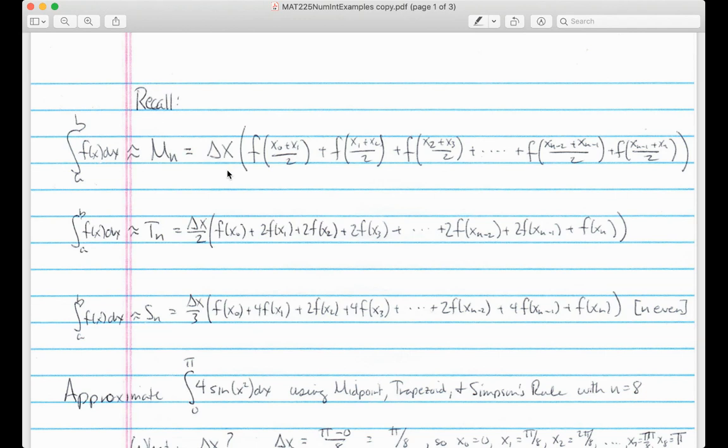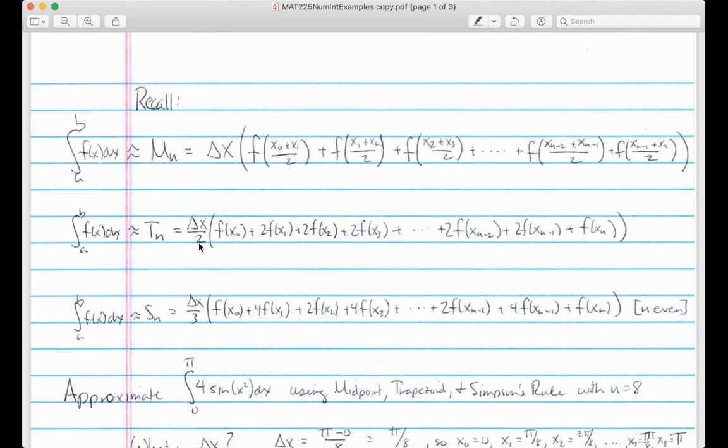The trapezoid approximation uses trapezoids to approximate the area underneath the curve. We saw that if you use the formula for the area of a trapezoid, you wind up counting the value of the function at each interior point twice, and the values of the function at the exterior, the two endpoints, get counted once.